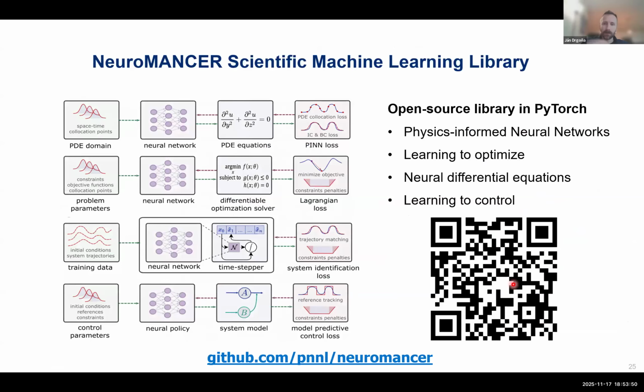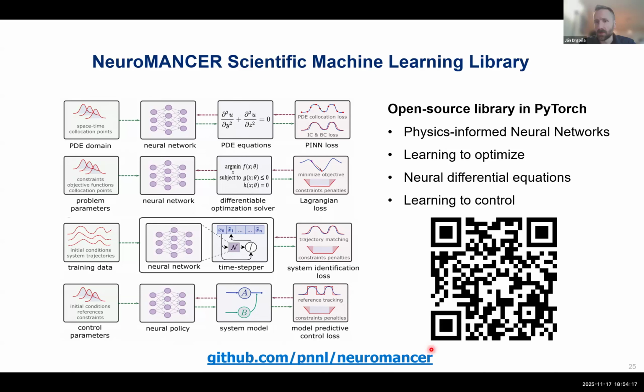Good. So I will summarize all of these four methodologies that I see to be just different instances of a broader toolkit of scientific machine learning. And this vision of unification is being materialized in the Neuromancer scientific machine learning library that I'm developing for already quite some time.